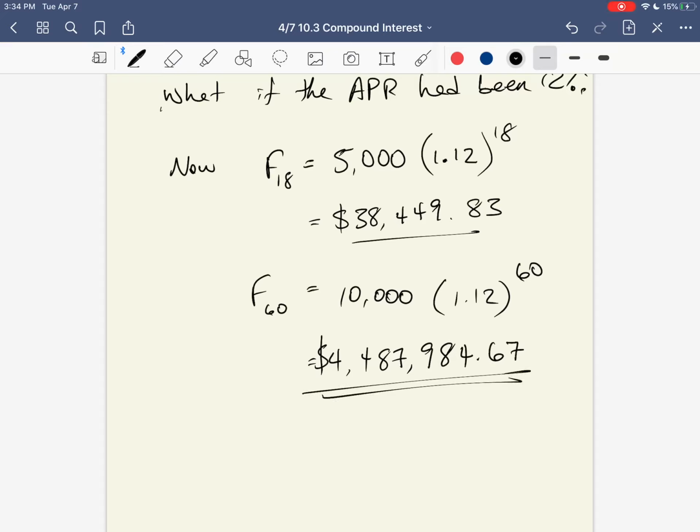That's more than $4 million. Of course, that's a very high APR. 12% is pretty high, but this is how you can calculate these things.